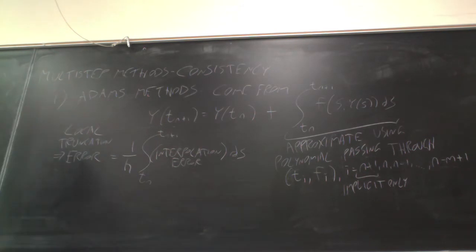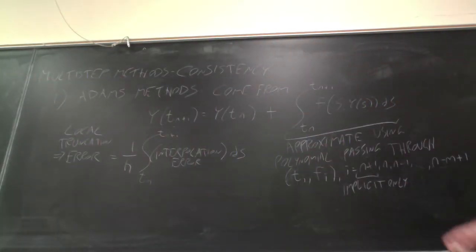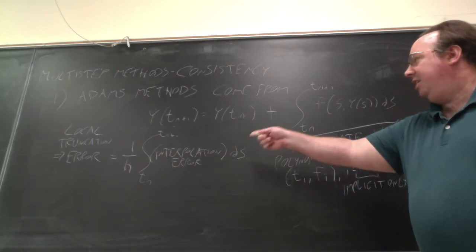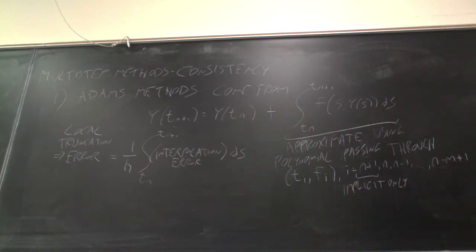Whatever error you incur from approximating this f by the interpolating polynomial, that's what you integrate instead, and after dividing by h, just to conform to the definition, that's your local truncation error. So that's what you want to go to 0 as h goes to 0.